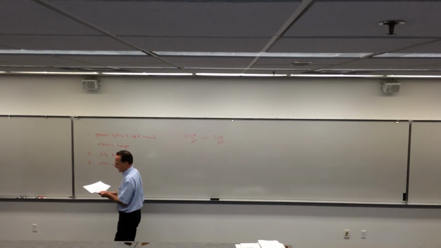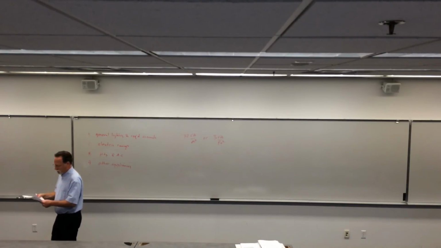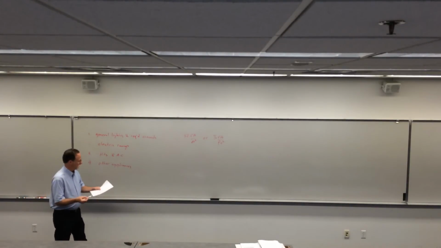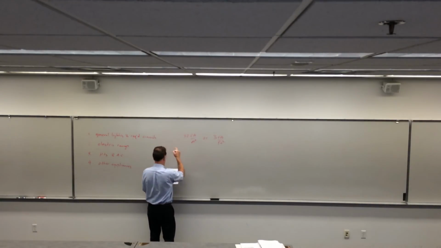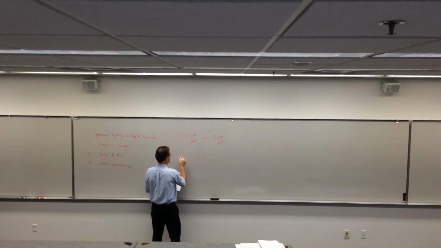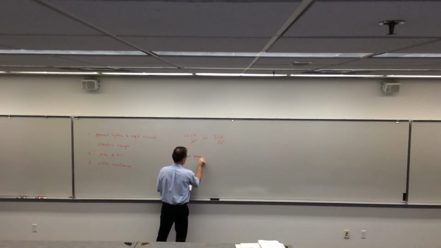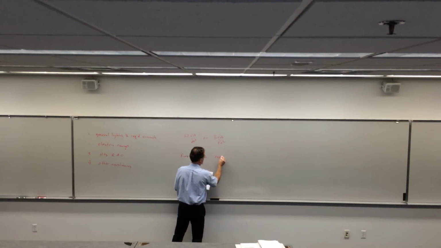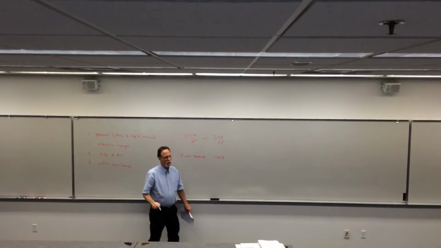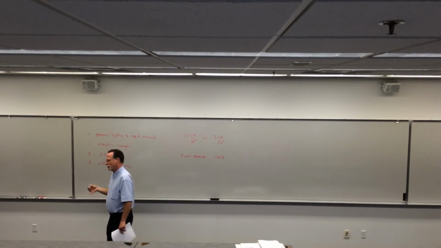Here we go. I want to make sure I get these numbers right here, because sometimes I write things down wrong. For our general lighting and required circuits, the first 3,000 volt amps, 100%. Why do they have things that are staged like that?